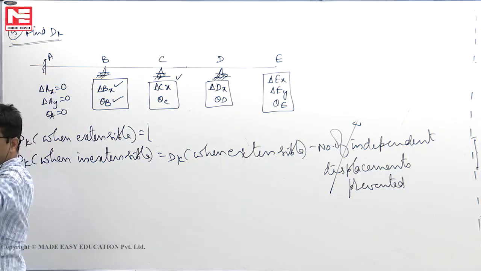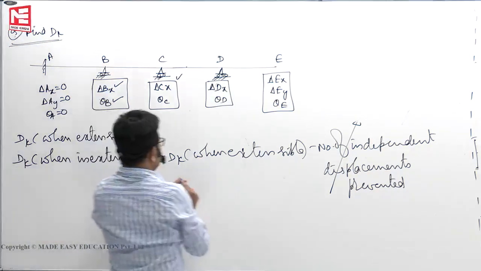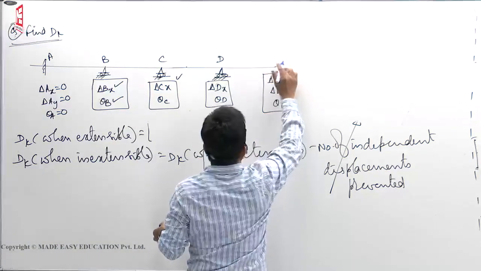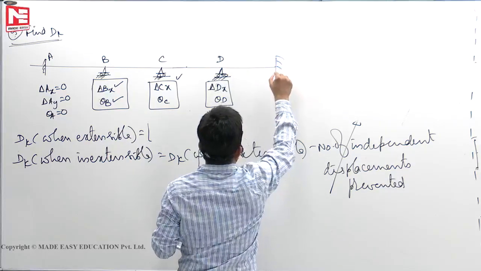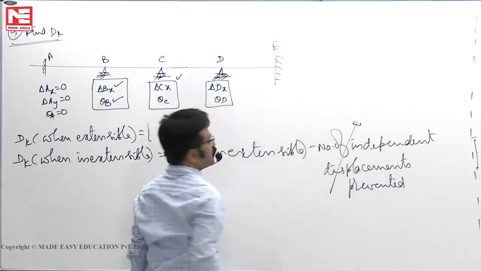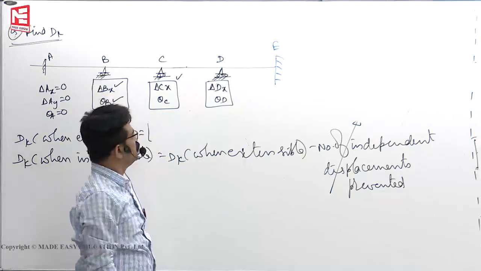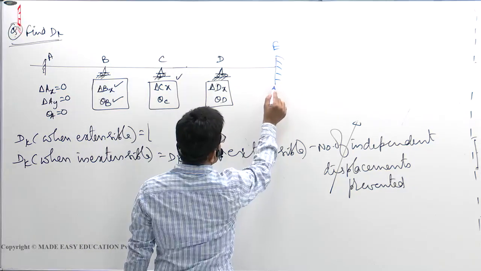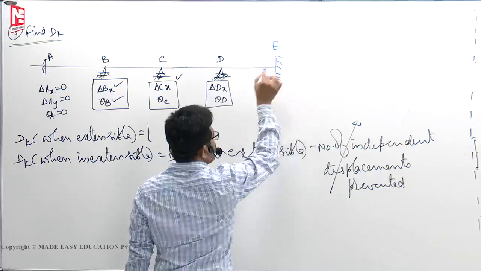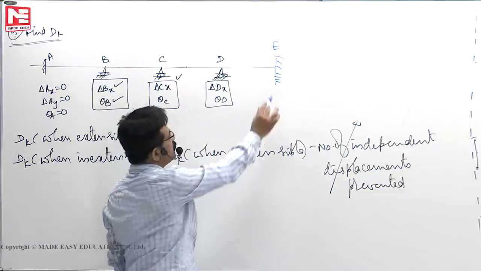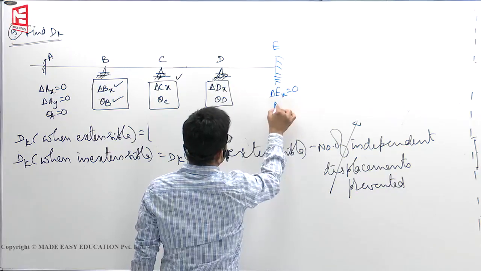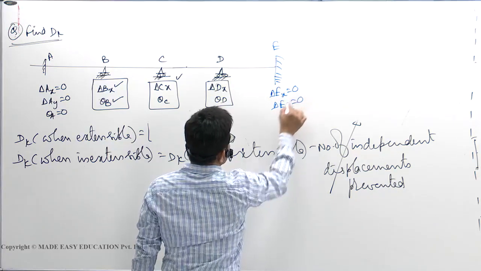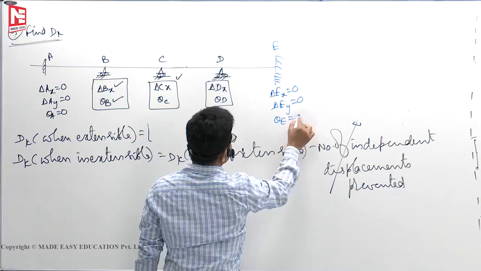In this example, at E what we do is we will fix here. This is a fixed support. Now you see, in this case, whether extensible or inextensible, displacement of E in x direction 0, Ex 0, Ey 0, theta E 0.